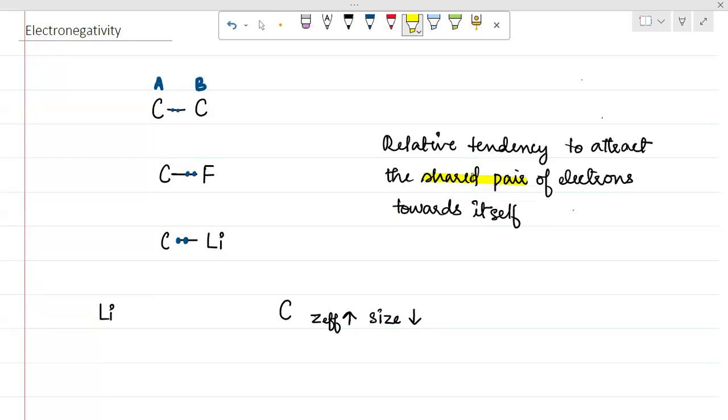Very easy. Now, what are the factors based on which electronegativity is measured or interpreted? Some of the factors we have already written over here. Write the main heading: factors affecting electronegativity.